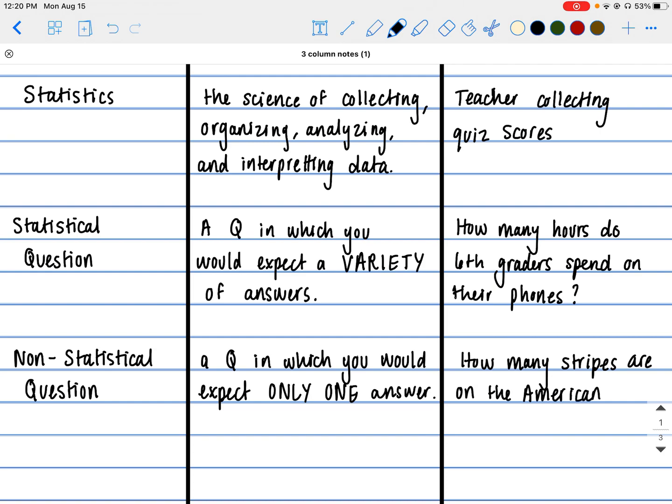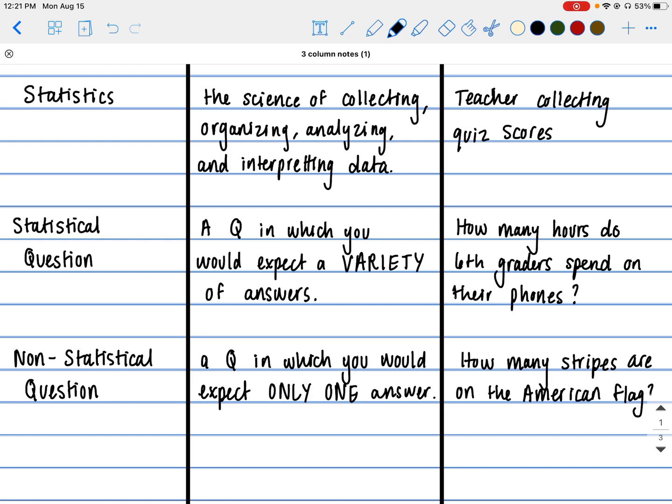That means it's a non-statistical question. All right, so that's an example of a non-statistical question. Anything that's a fact. So if you said, how many states are in the United States? Or how many pencils are in this pencil case? Different things that there's a fact, there's just one answer to them. That would be an example of a non-statistical question.